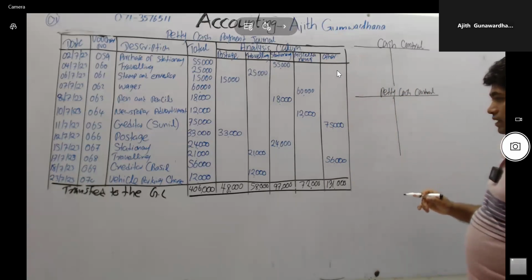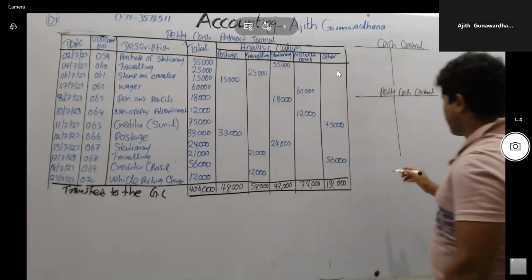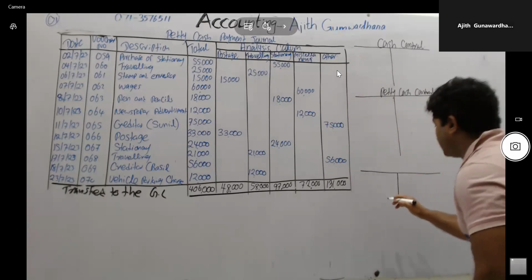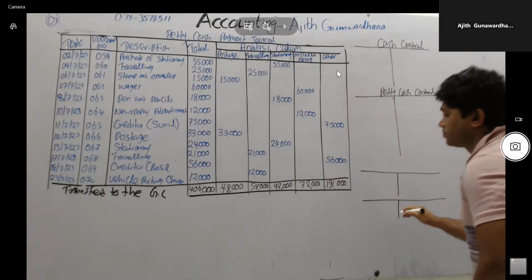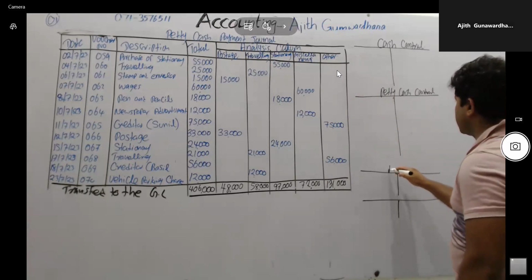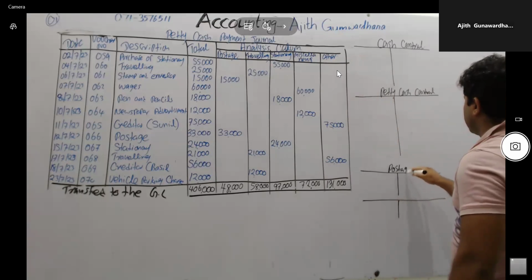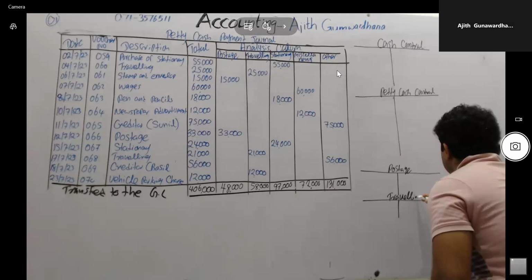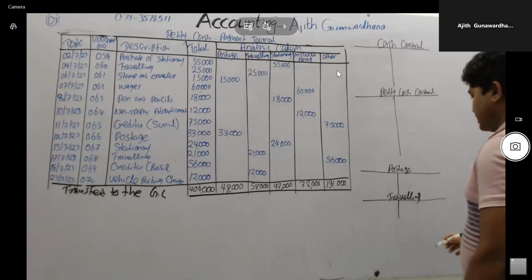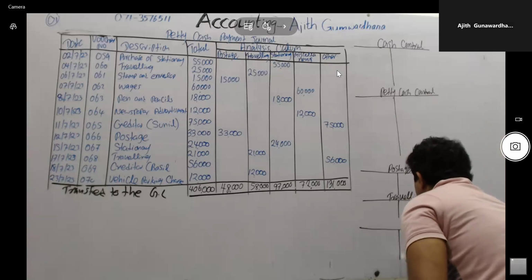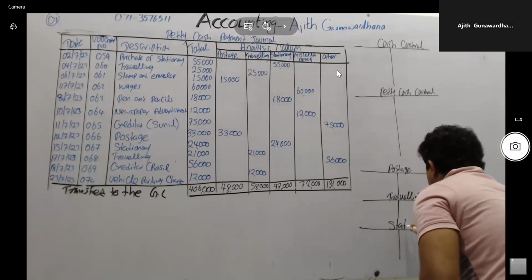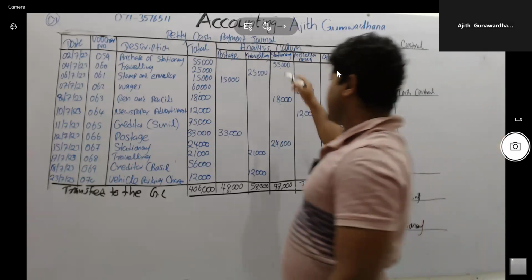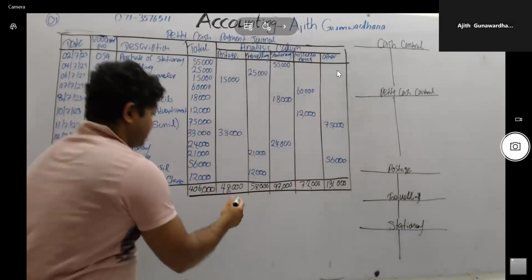Right. Prepare the ledger accounts: postage, traveling, and stationery. And miscellaneous columns available, wages.